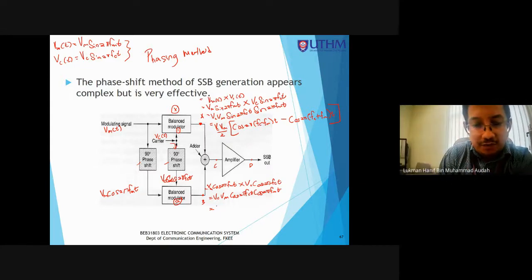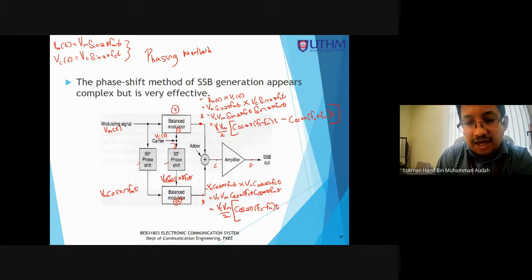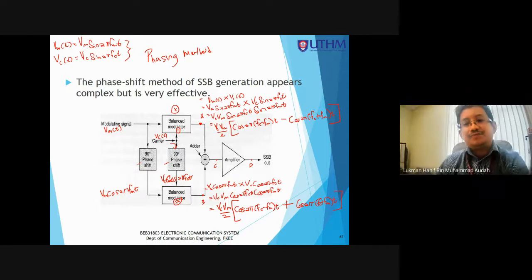So maknanya Vc Vm per 2 big bracket cos 2 pi lower sideband (Fc minus Fm) T plus cos 2 pi upper sideband (Fc plus Fm) T, close big bracket.